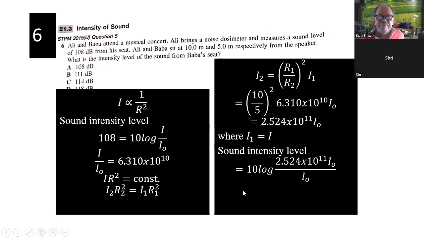Sound intensity level from the definition. This is your new intensity. Right? You're just using this formula. New intensity divided by I0, I0 cancel off. Use your calculator. Answer C.